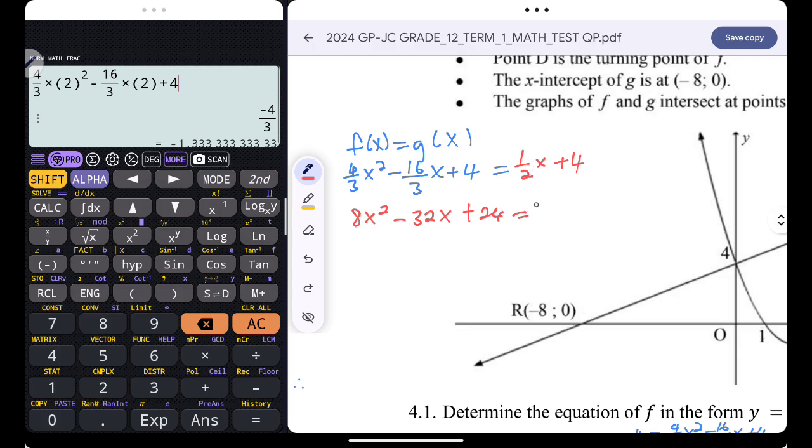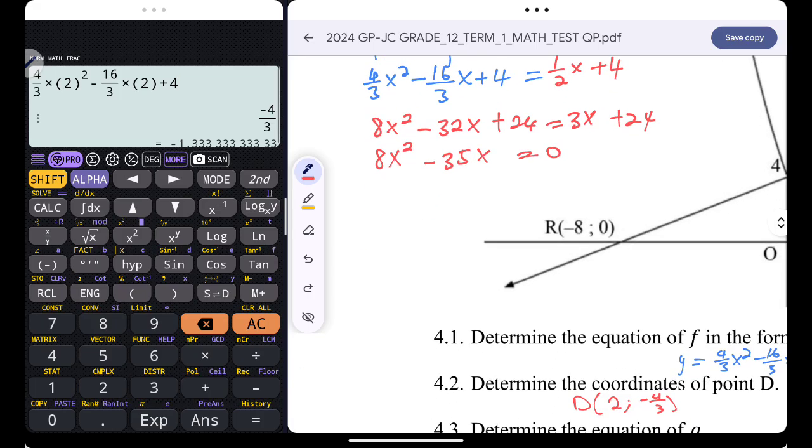And then here I'll simply get 3x plus 24. Now I must take everything to one side, because I no longer have fractions, right? I'll simply have 8x squared minus 35x equals 0.